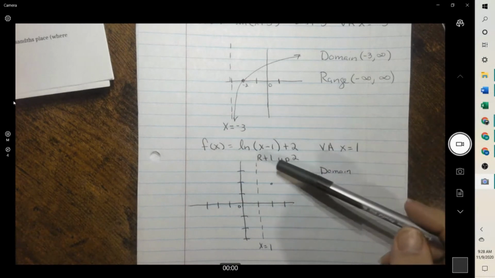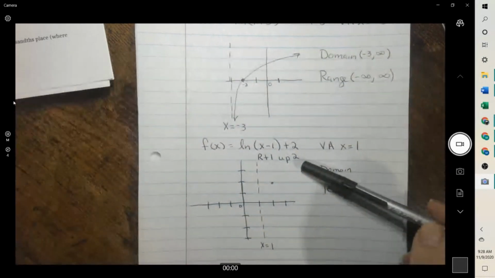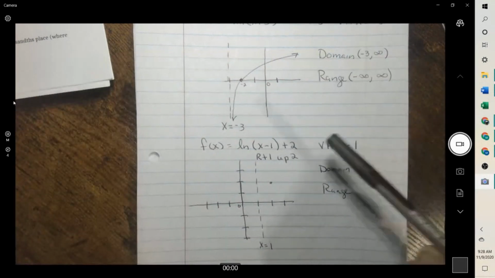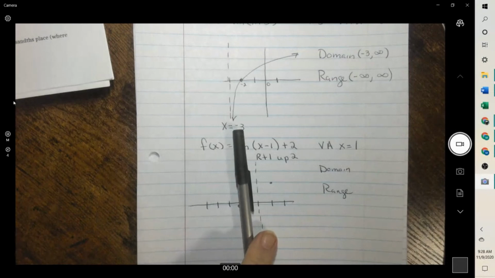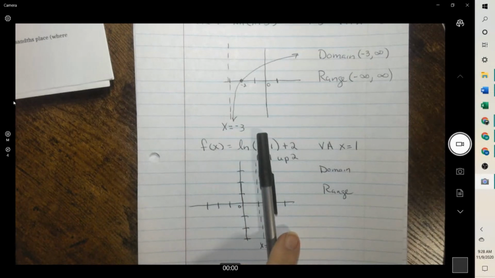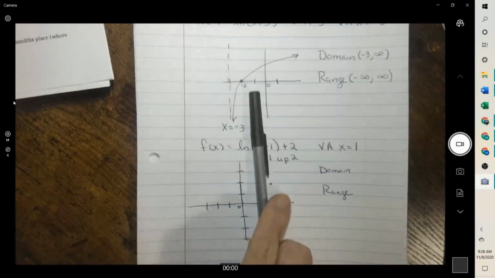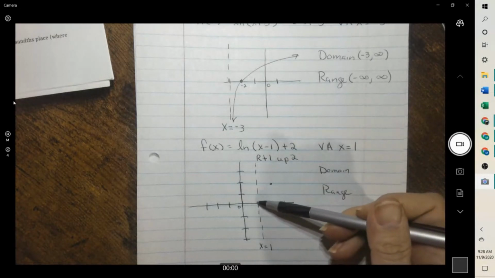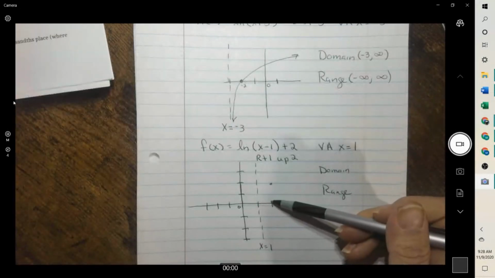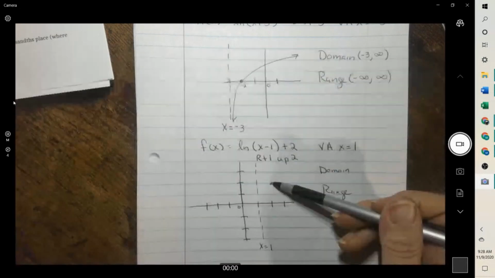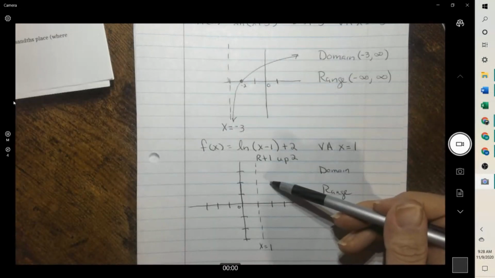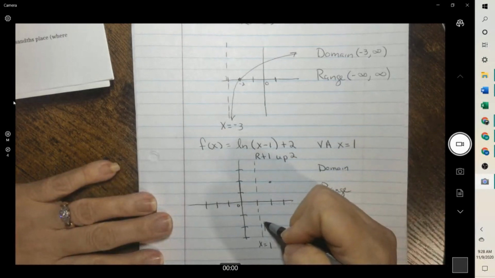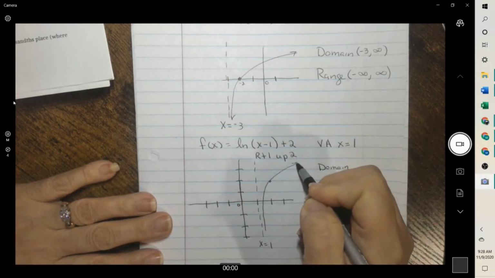So the graph moved right 1 and up 2. The vertical asymptote is x equals 1 then, because we're moving right 1, so we need to move it with it. Up 2 doesn't affect it. And then our point started at 1. We moved right 1 and up 2. This is the point I'm looking for, and the asymptote, and that you're going the right way.